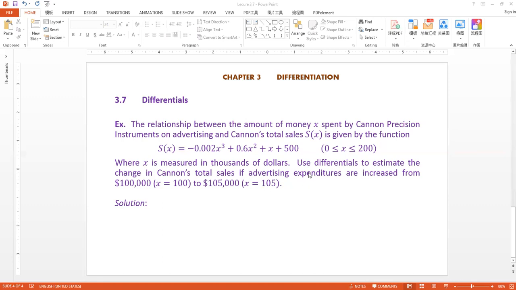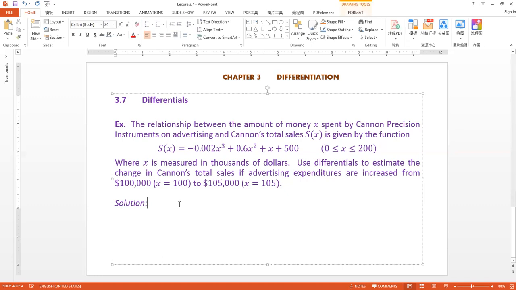So this question just asks you about the effect of advertising: how much you spend in advertising will result in the increase of the sales. Okay, so we need to know how effective advertising is in this case.